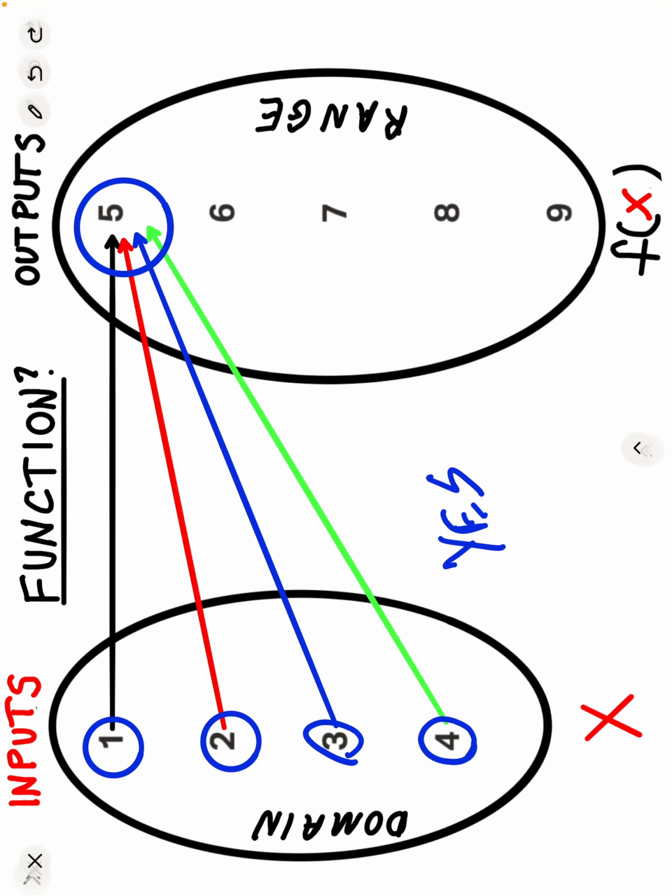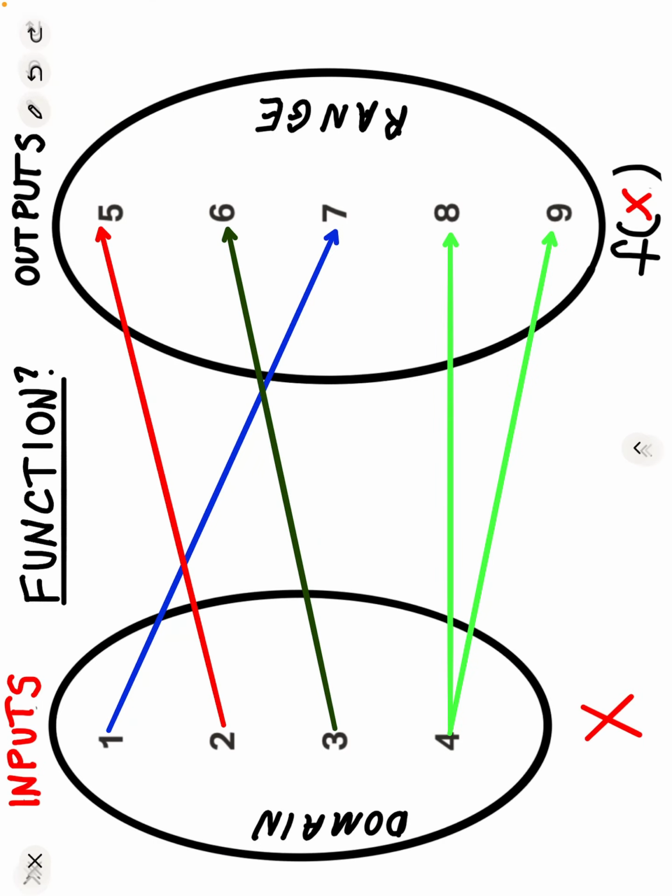Let's look at another one right here. Is this mapping diagram a function? Yes or no? And you should say no, it is not, because this input here has 2 arrows going to 2 different outputs. So it is not a function. Okay, so mapping diagrams are very useful in trying to determine if something is a function or not.